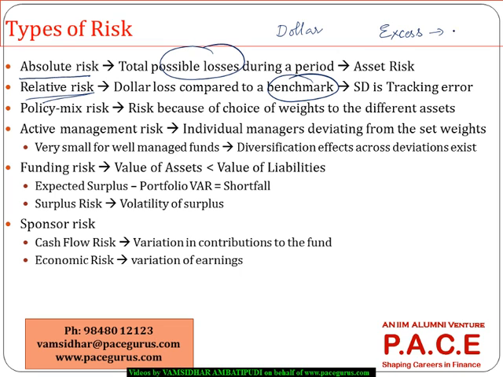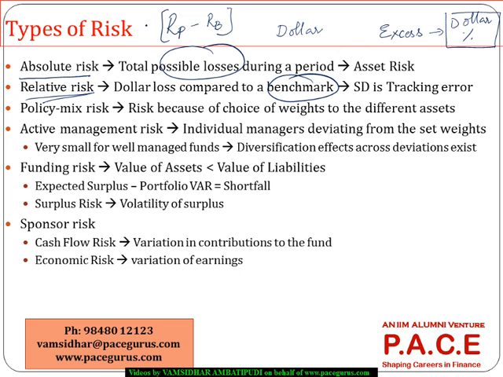Again, this excess can be in dollars or in percentage, but anything excess is a measure of relative risk. It means the loss with respect to a benchmark: the actual return minus the benchmark return. This is the measure of the risk.